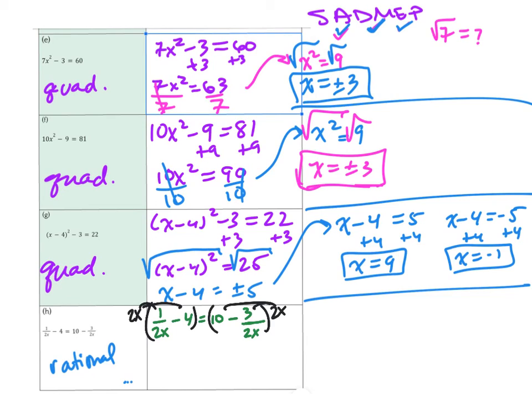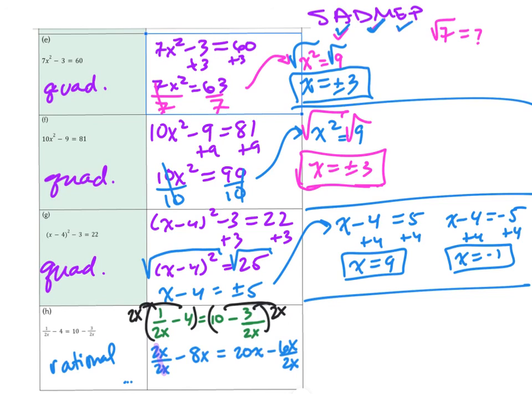Okay, so I'll show you this first step, I guess. And then 2 times 10 is 20, minus 3 times 2, oops, that would be 6. Okay, so just for the record, 2x divided by 2x is 1.